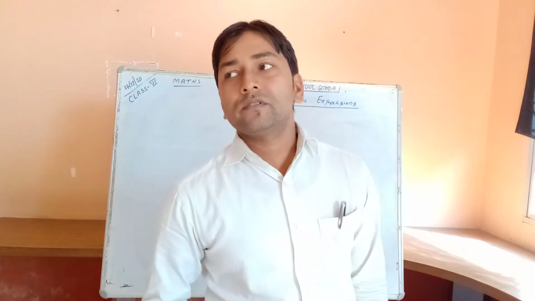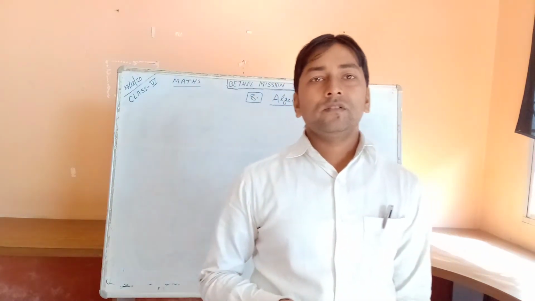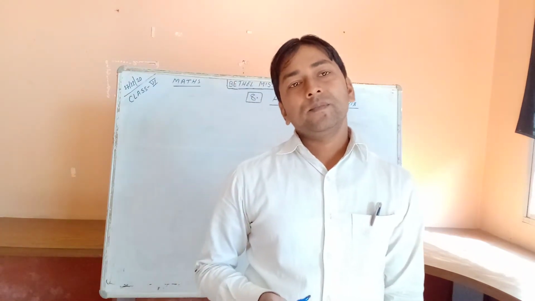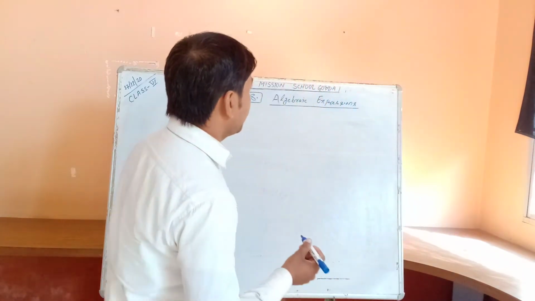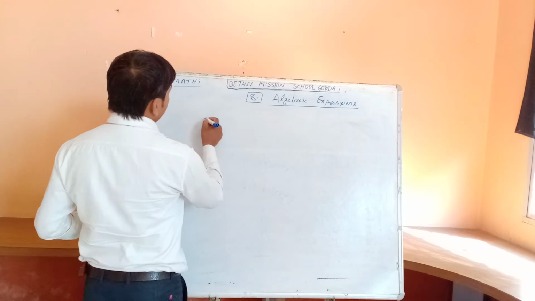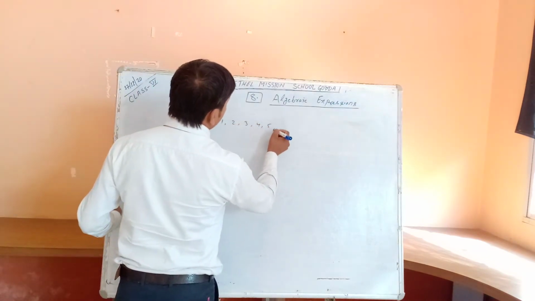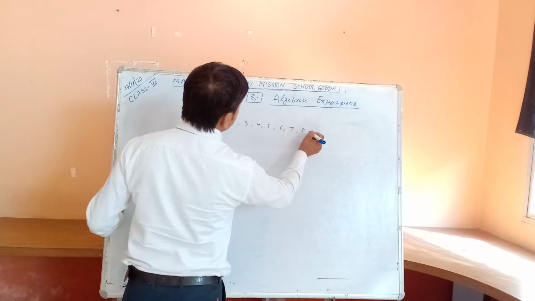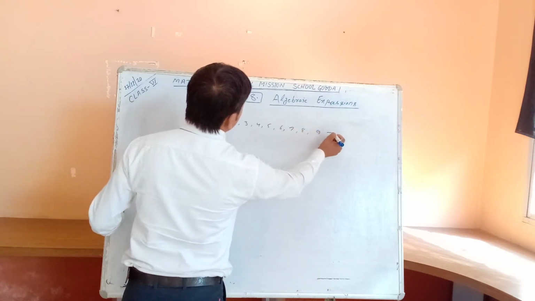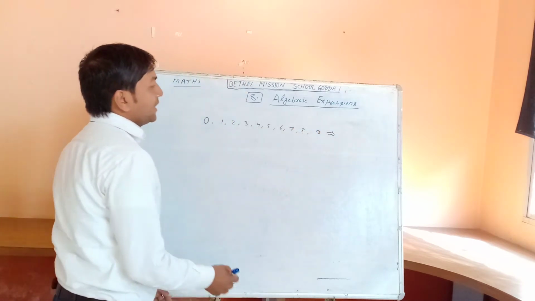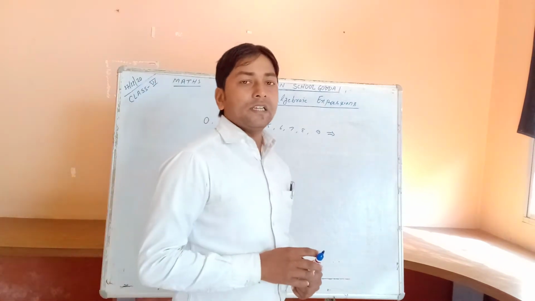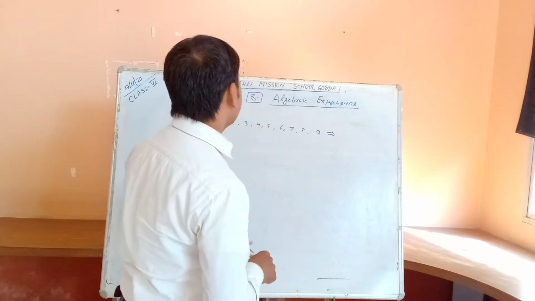in arithmetic we use 10 symbols, that is 0, 1, 2, 3, 4, 5, 6, 7, 8 and 9. These symbols are used in arithmetic.